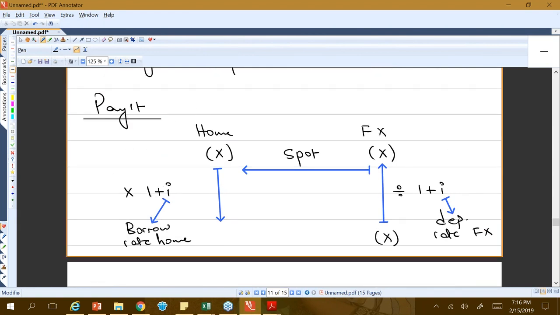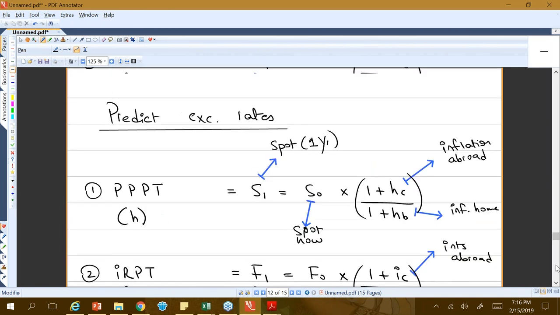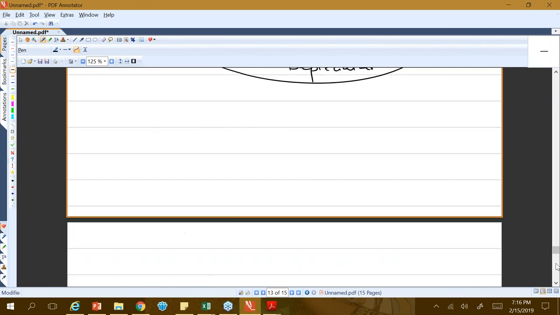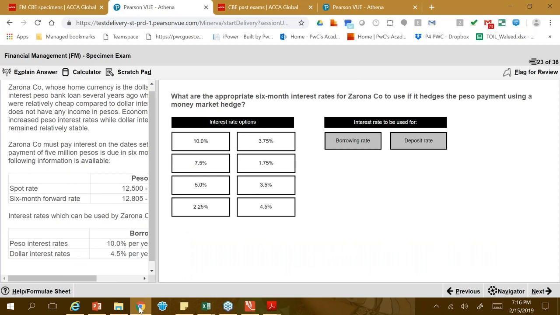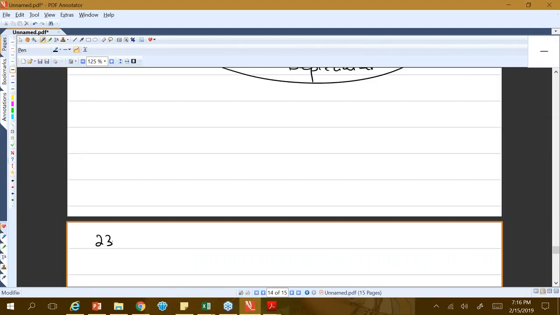So in the payment structure, you remember that we deposit abroad and borrow home. So let's think about this. This is 23. The payment structure: we deposit abroad and we borrow home.